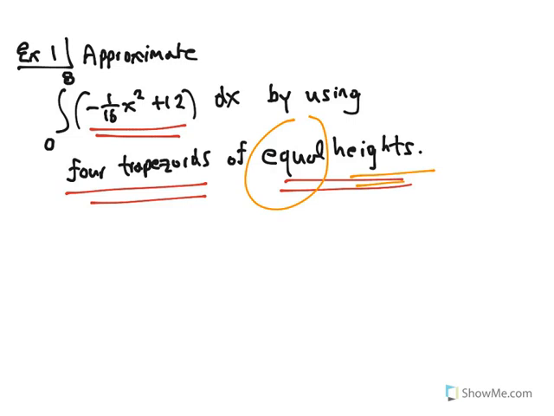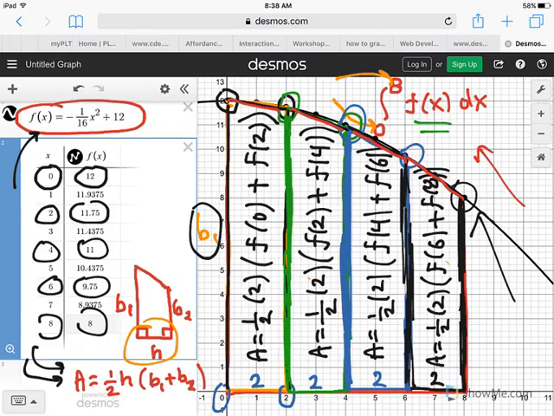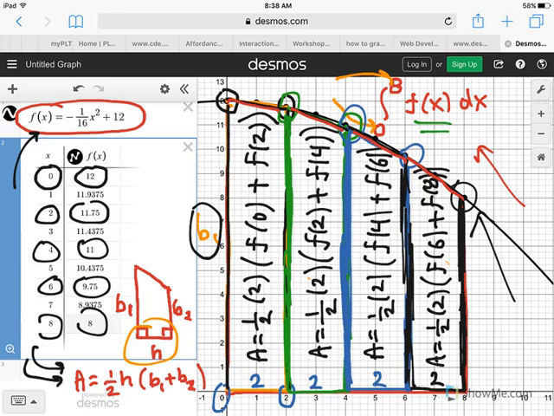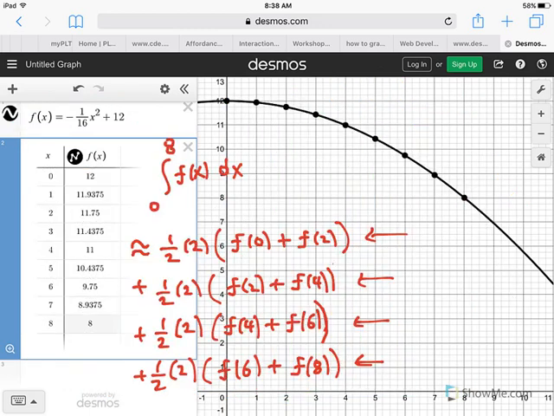Let's go back to what the problem is asking us to do. Approximate the value of the definite integral of -1/16 x squared plus 12 with respect to x from 0 to 8 by using 4 trapezoids of equal heights. So we're ready to do that. And as we saw with our trapezoids, this is how we find the area of each of our 4 trapezoids. And of course, we can substitute for f of 0 by what f of 0 is.